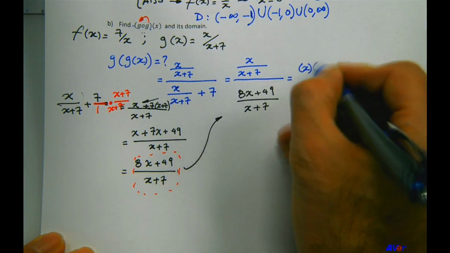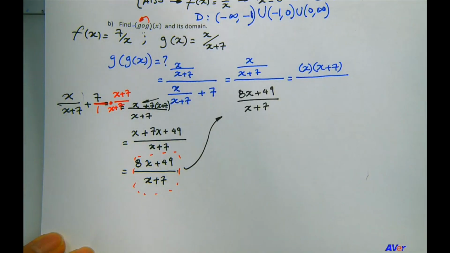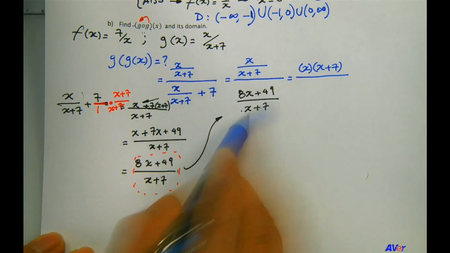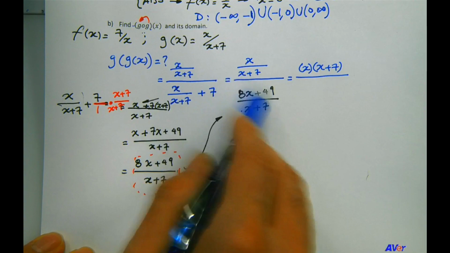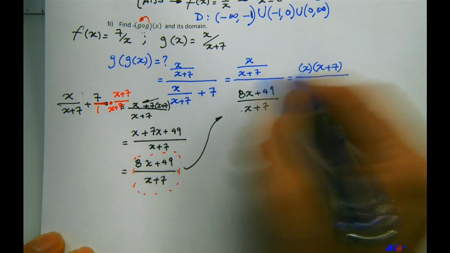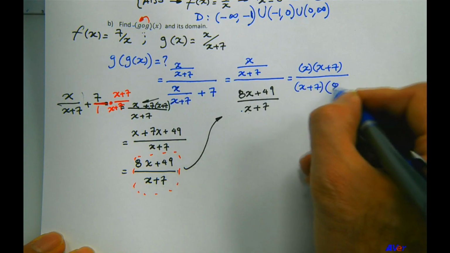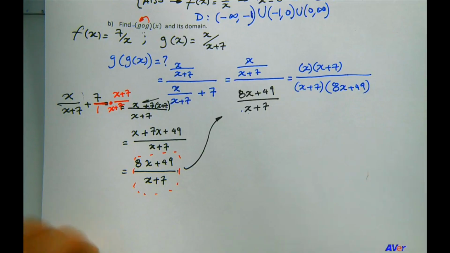Multiply them and put them in the numerator, like that. Divide that by the product of the terms that are nearest each other. So x plus 7 times 8x plus 49 in the denominator.